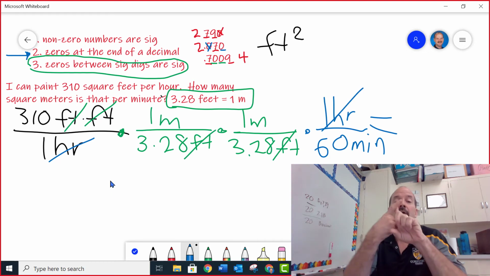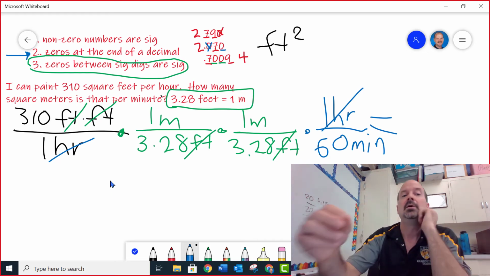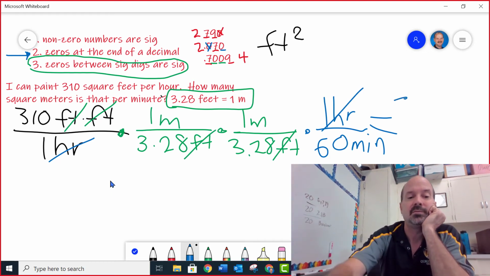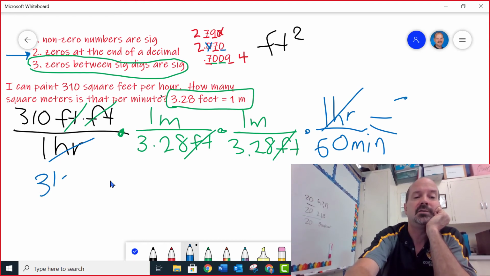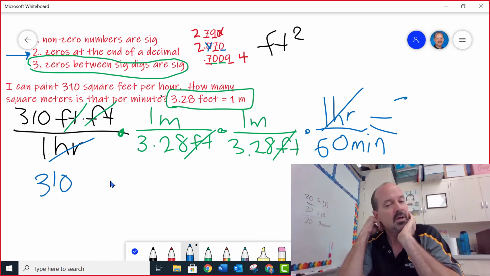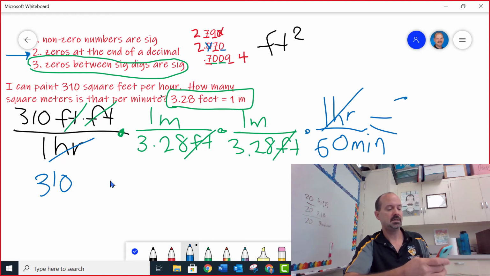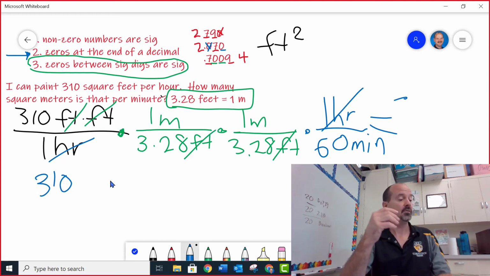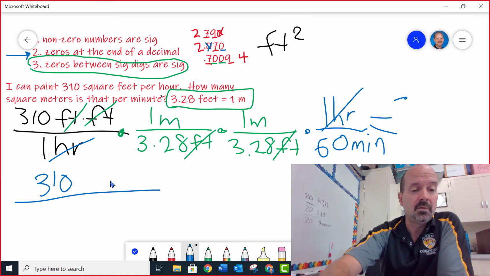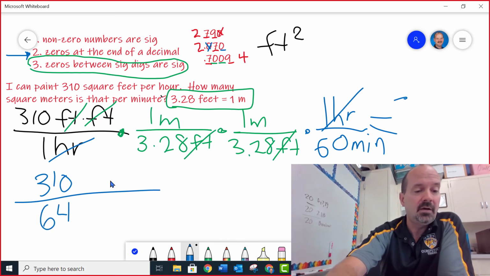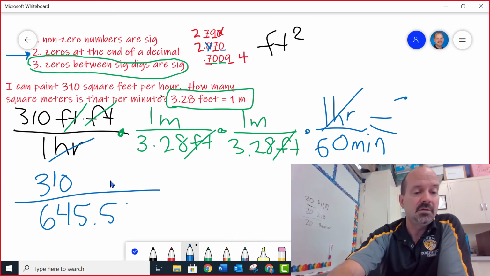So on the top, we have 310 times 1 times 1 times 1, which is 310. I think I'll put it down here, 310. And then on the bottom, we have 1 times 3.28 times 3.28 times 60. So whip out my calculator. 3.28 times 3.28 times 60 is 645.504.